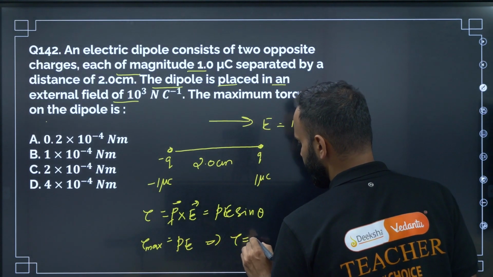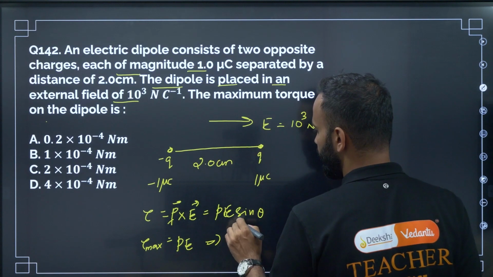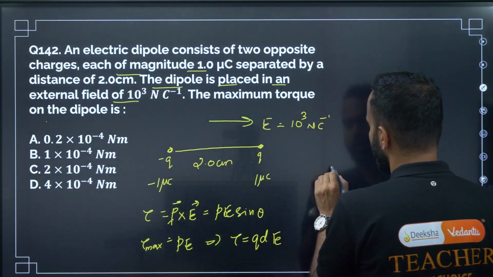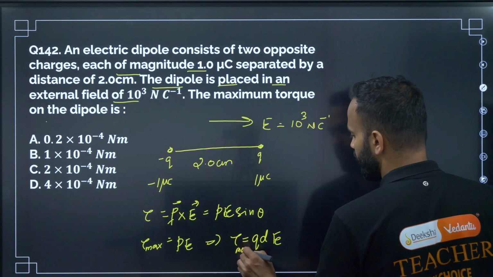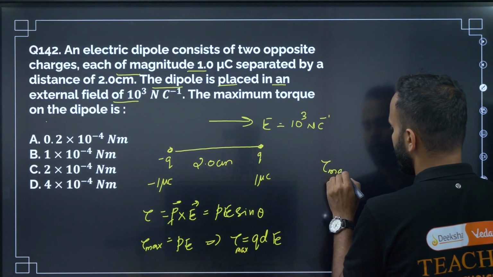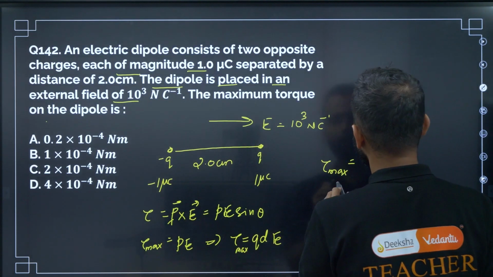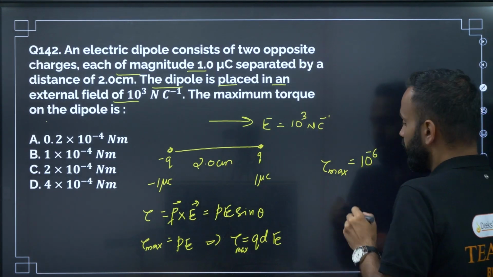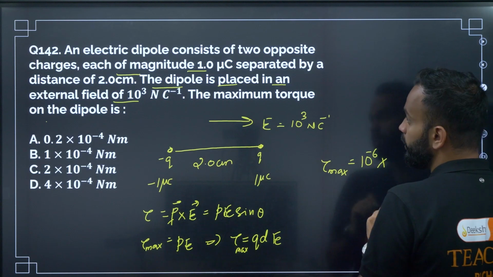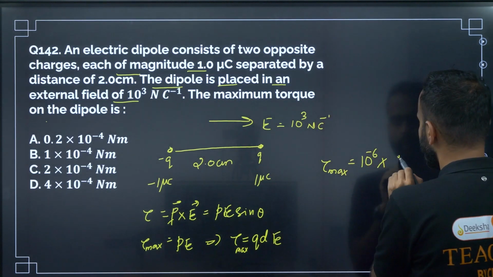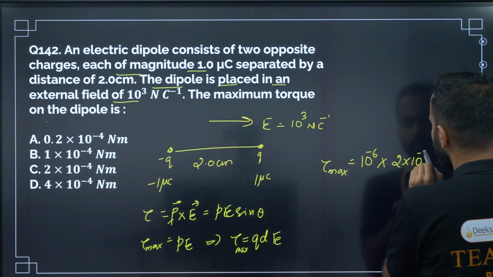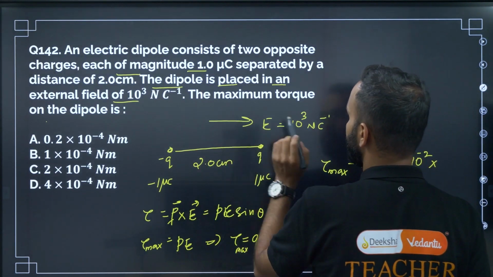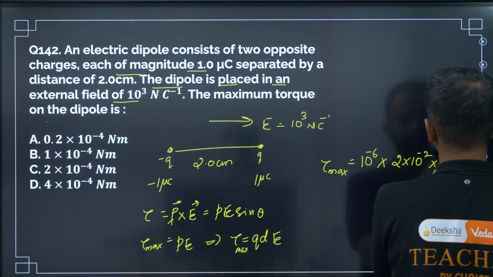So tau equal to P into E, P is Q into D, so Q into D into E. This is the maximum value of the torque. Q is 1 microcoulomb, that is 10 to the power minus 6 coulomb, D is 2 centimeter, that is 2 into 10 to the power minus 2, and E is 10 to the power 3 volt per meter.